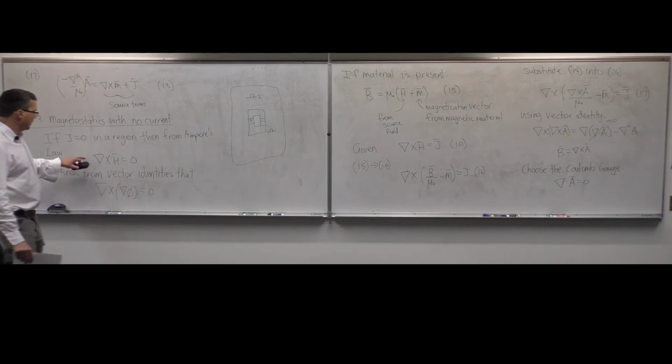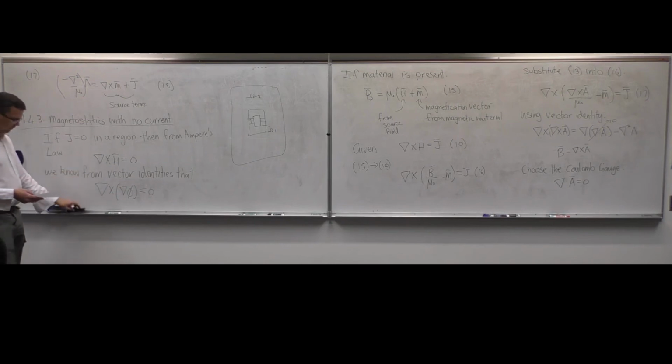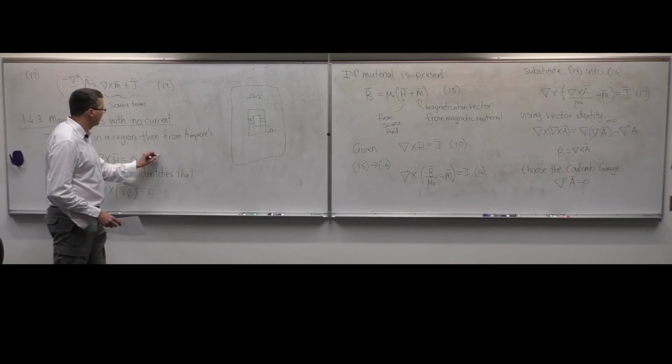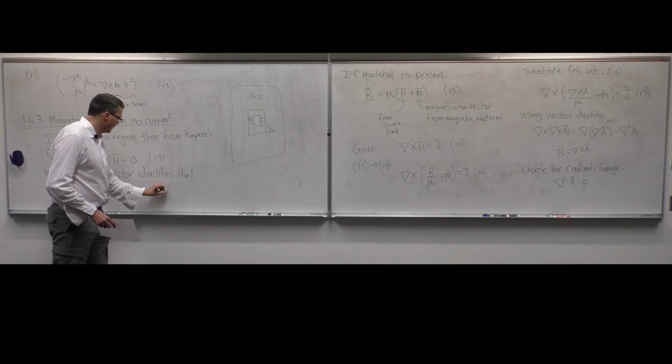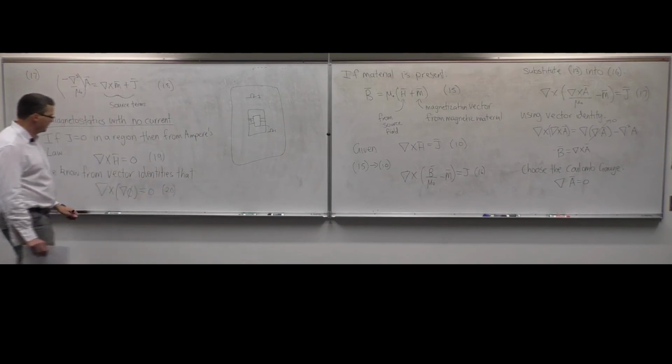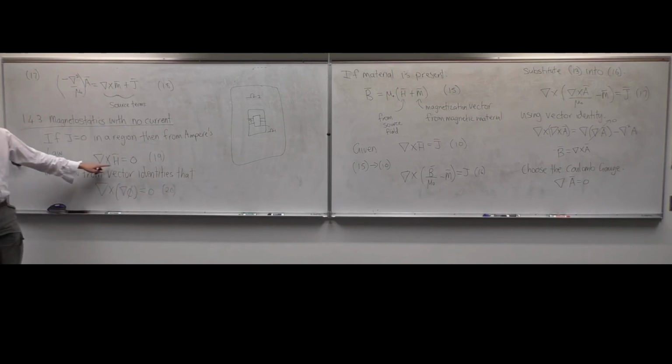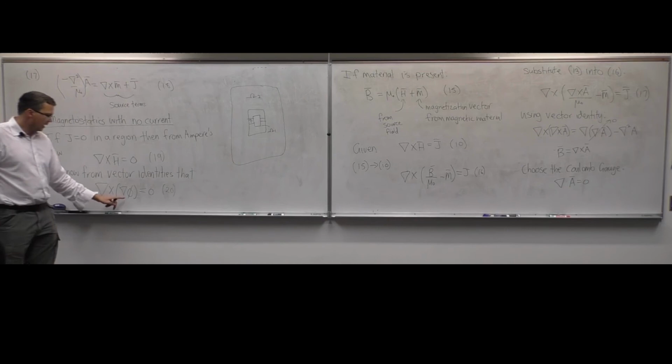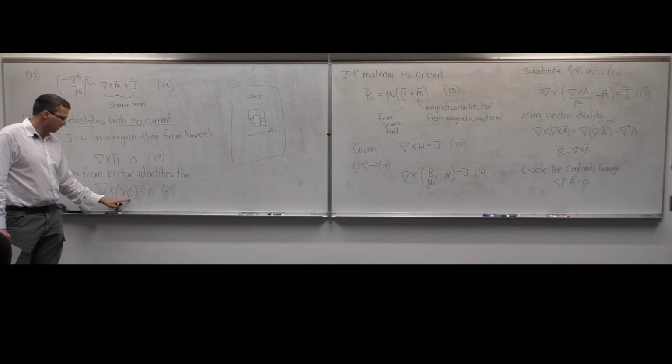So if we compare 19 and 20, we can say, hey, H is a vector. That means you have to solve for 3 unknowns. Phi, that's a scalar.